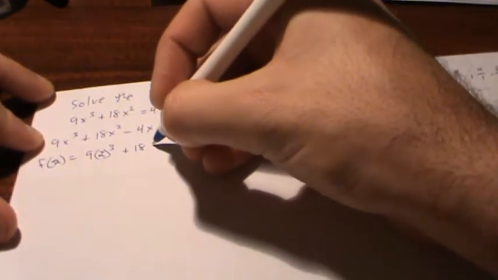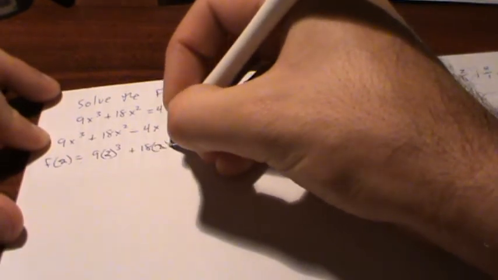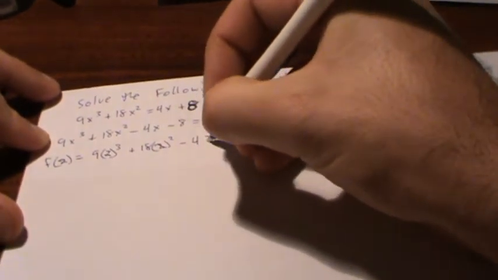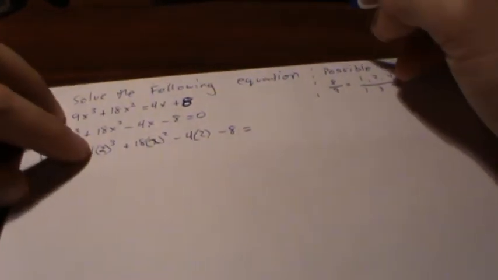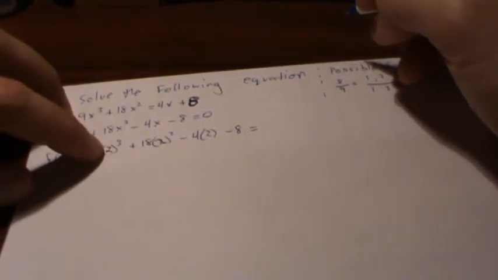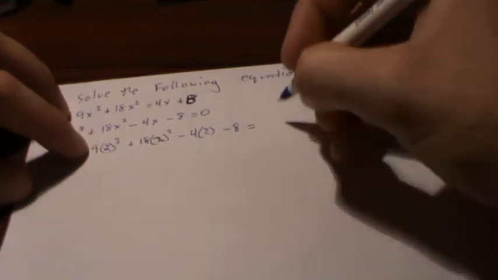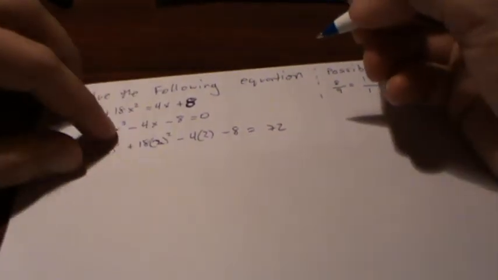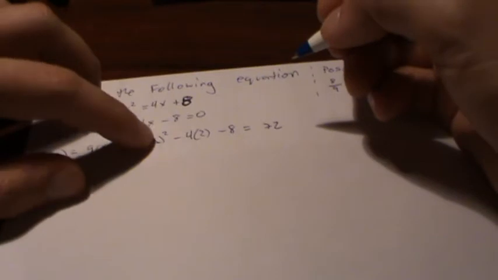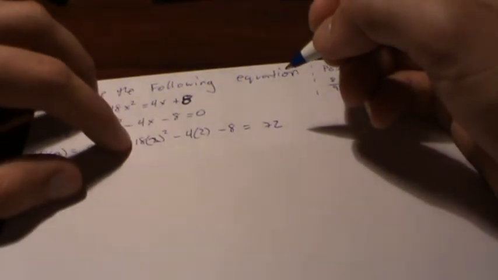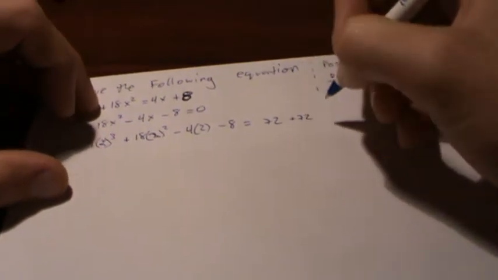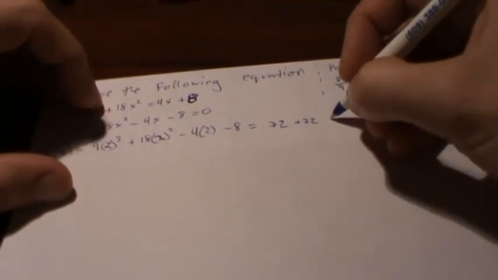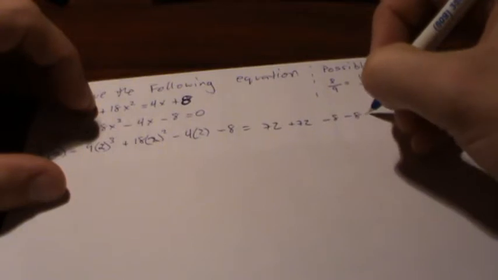Plus 18 times 2 squared minus 4 times 2 minus 8 is equal to, let's see, 9 times 8. 2 to the third is 8. 8 times 9 is 72. This is 4. 18 times 4 is also 72. Oh, this is not going to work at all. Minus 8 minus 8. This is not equal to 0.